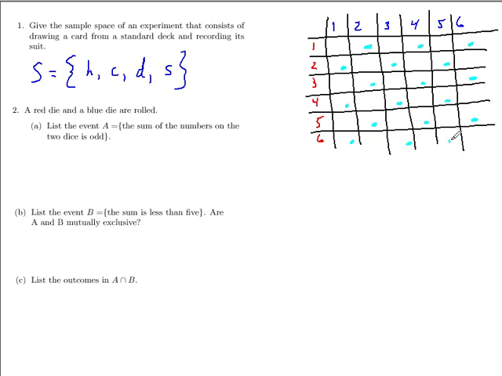Now in some dice charts you'll see that the sums are actually written in here. And in my ordered pair I'm going to write red and then blue. So my first pair is a 1, 2, 1, 4, and so on.